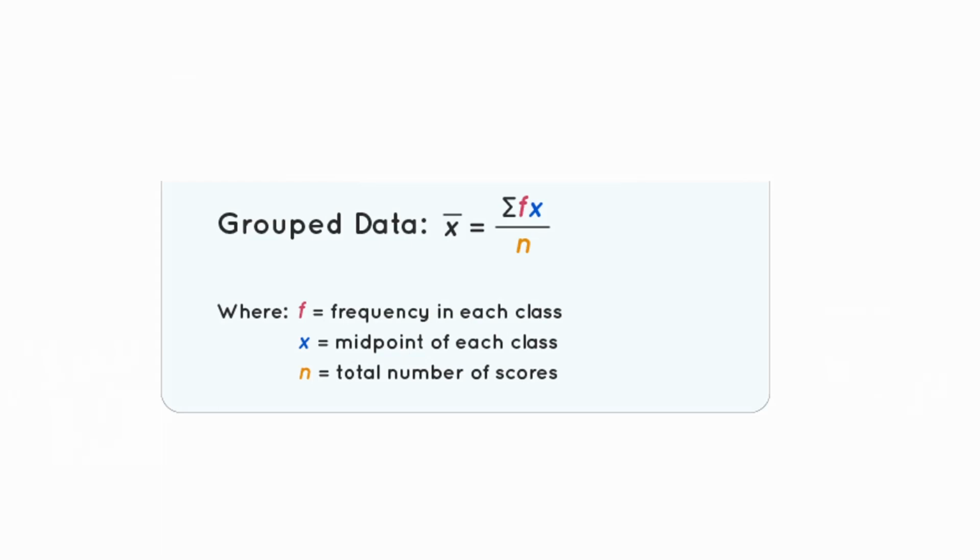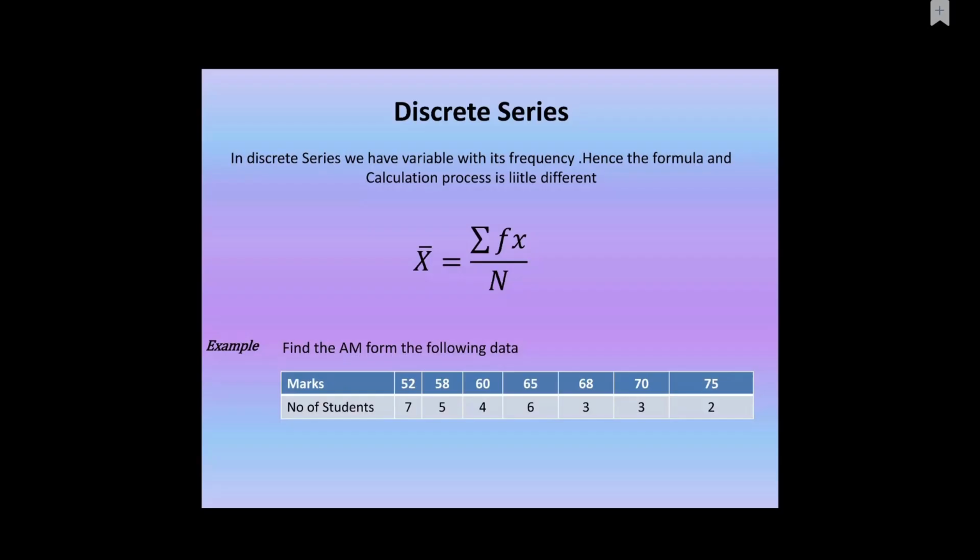In continuous series, we have to find the midpoint to get x, whereas in discrete series there is no need of finding the midpoint; the individual item will be given as x. In discrete series, n is the total number of scores, or the total of f, the total frequency. So in discrete series, x bar equals sigma fx by n.